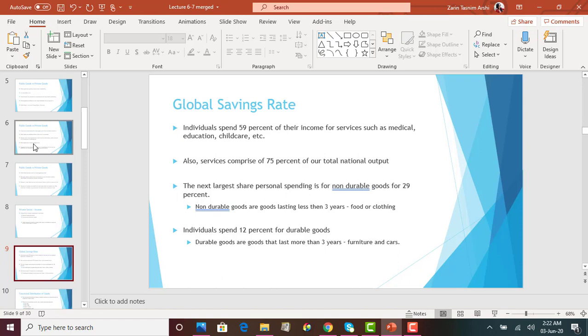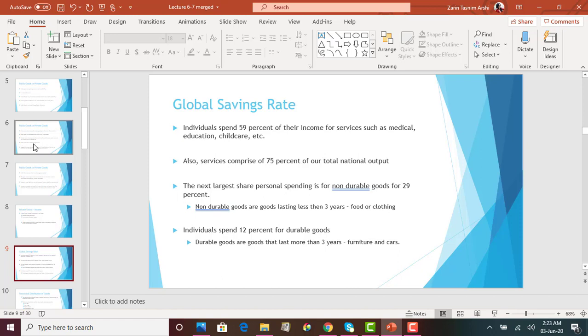Usually food items do not last more than 2-3 months, right? Or clothing, maybe we will wear a t-shirt for two or 3 years max. We will not wear it after 3 years, most likely, unless it's very expensive clothes. But non-durable goods are basically goods that last less than 3 years, and 29% of people's income is spent on these types of goods.